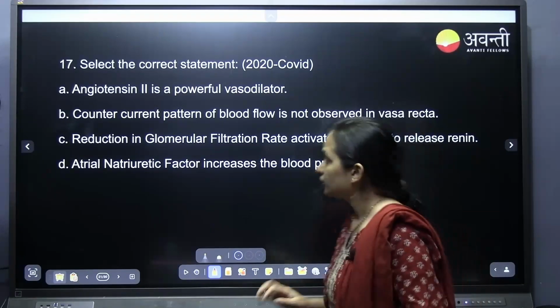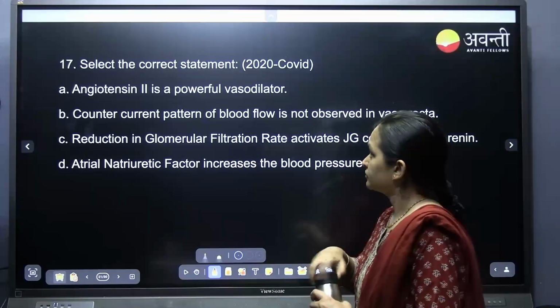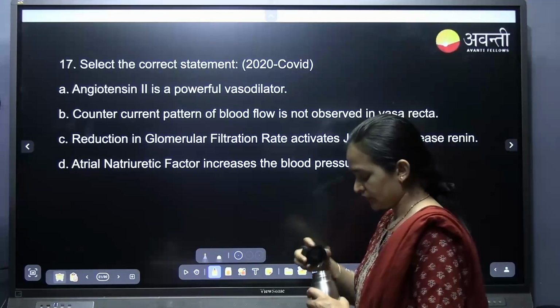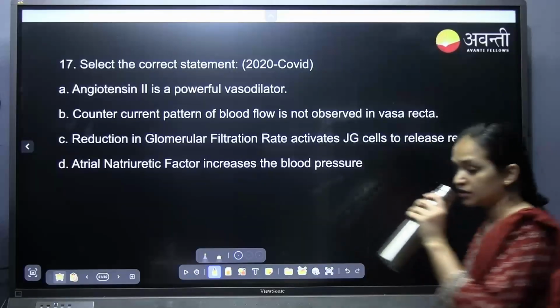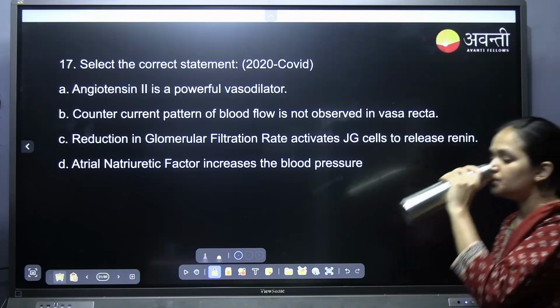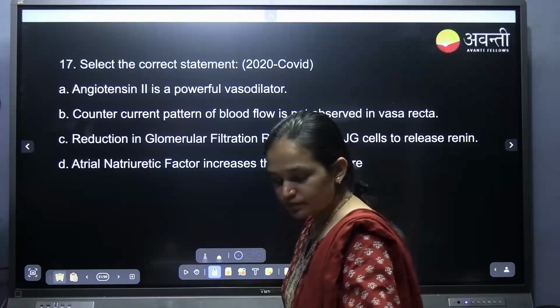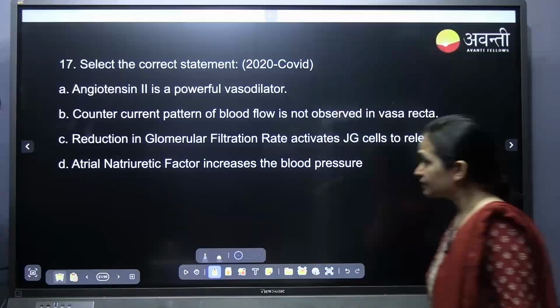Angiotensin 2 is a... give the answer to this question, children. C.